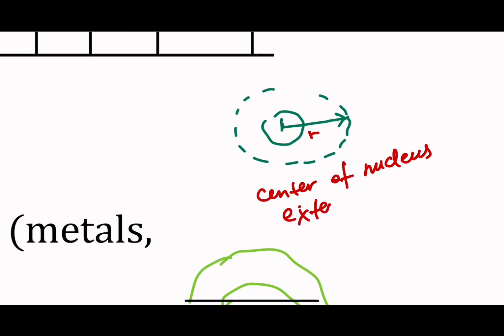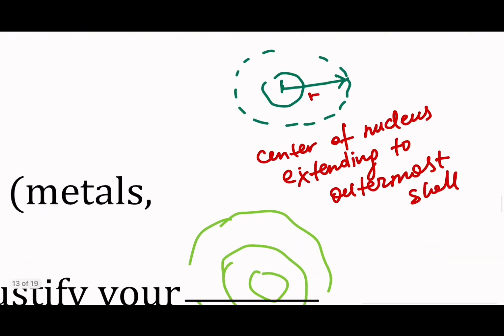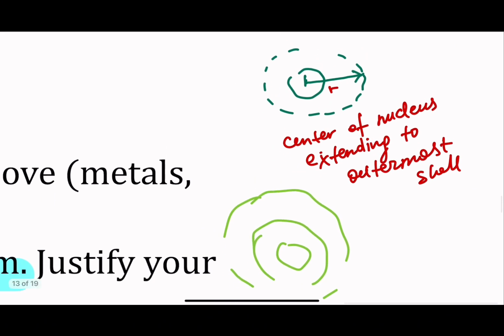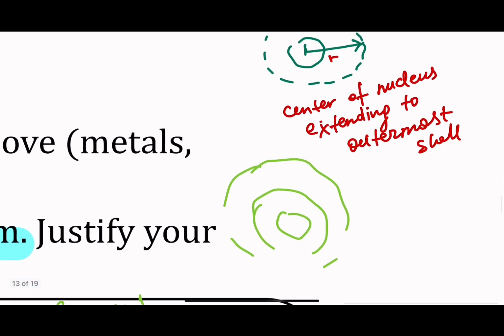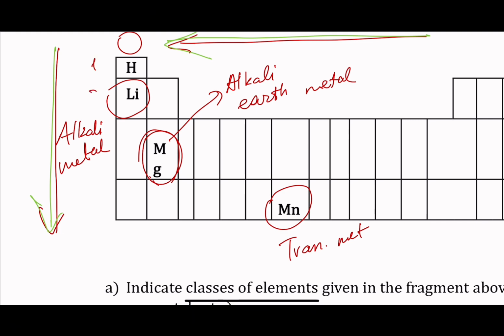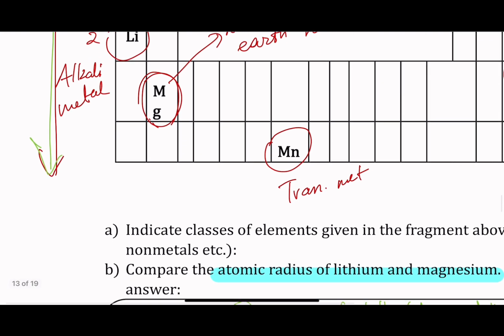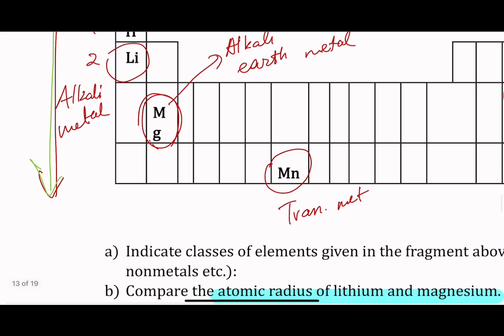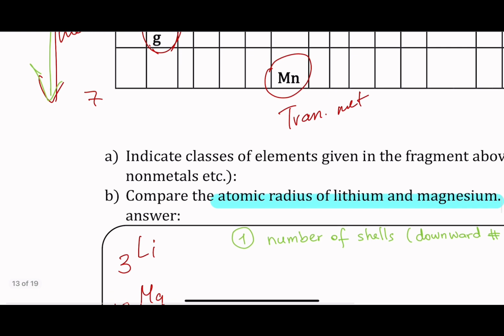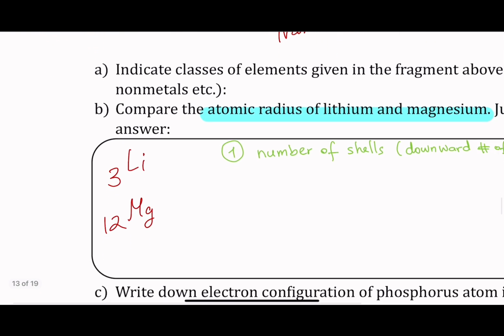Now, if I keep increasing the number of shells, my atomic radius increases. That's why as we go down, we have the first period, the second period. The period number tells how many shells we have, right? The last period, the 7th, is going to have 7 shells, so that's why it has the biggest atomic radius.